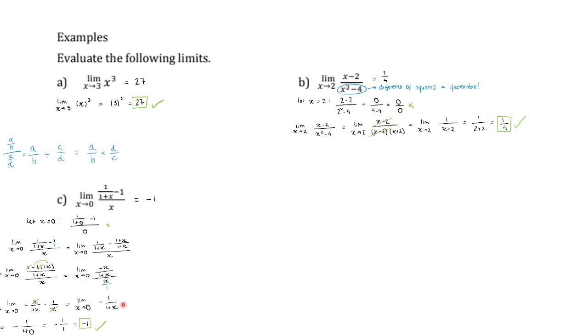Right? So again, a different algebraic manipulation here. And then we have one more that we haven't discussed yet, and that is rationalization. Let's think that we have an expression such as this one, the limit as x approaches 0 of the square root of 16 minus x, minus 4, all over x.